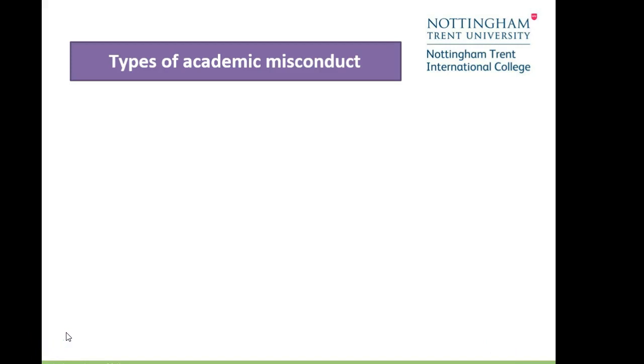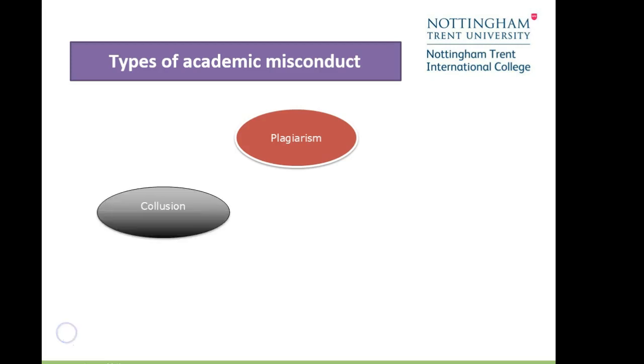So to talk about the types of academic misconduct: plagiarism, which is a student copying from a source but not acknowledging it. Collusion, where two students or maybe even a group of students work together and then submit a piece of work as if it was their own individual work.